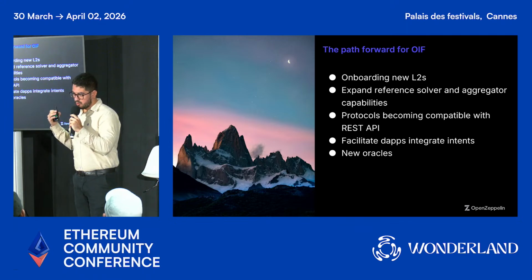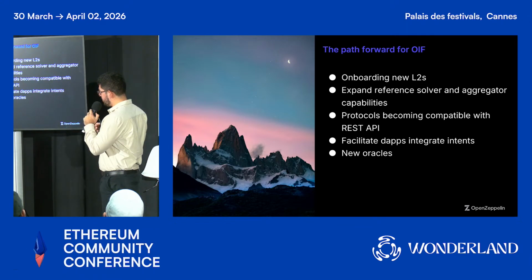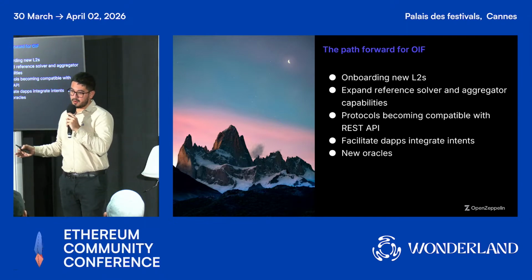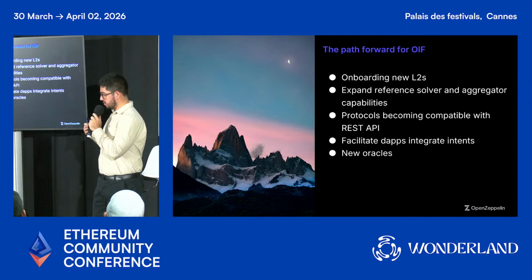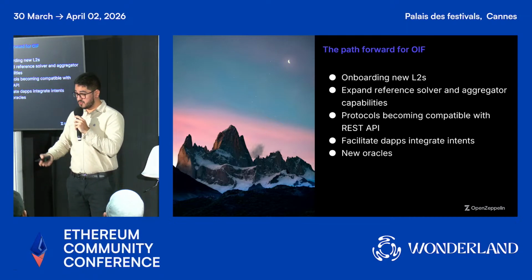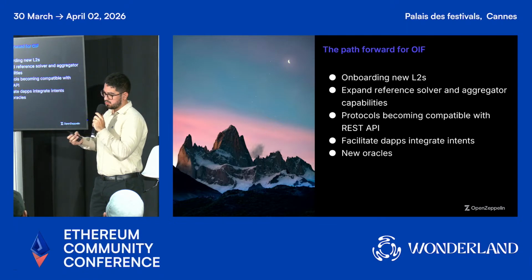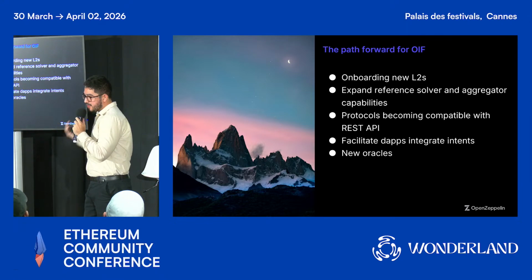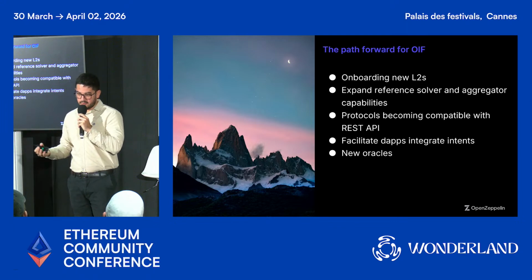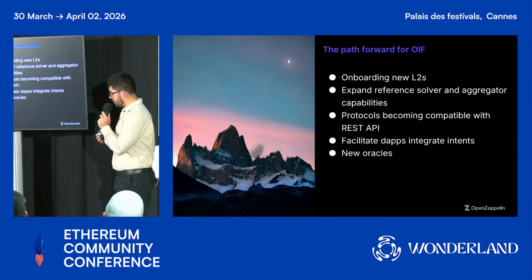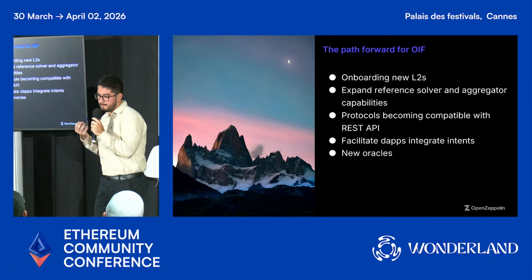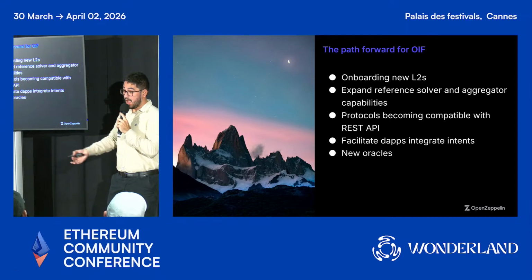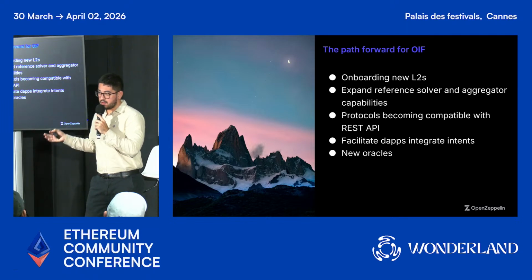We want more protocols using OIF. We want to expand the capabilities of the solver. It's up to the developers to contribute to the contracts, to the solver, to the aggregator. We want that use from the community, because we have built a really strong product that is being audited, is secure, is trustful.